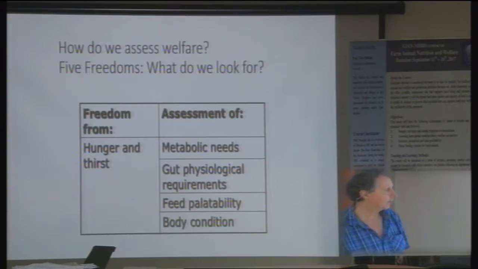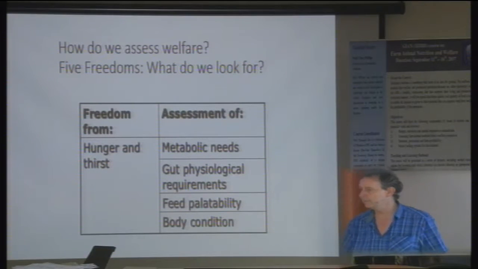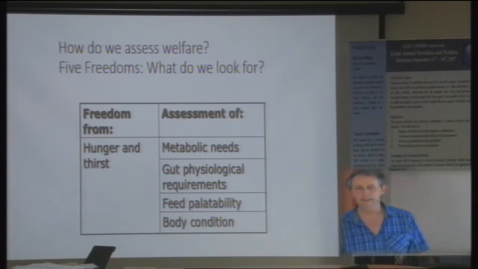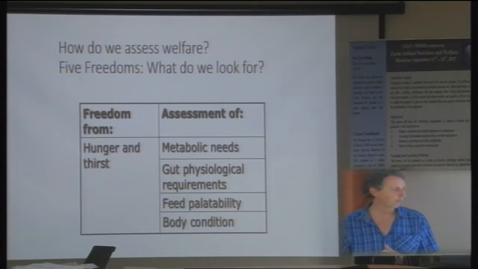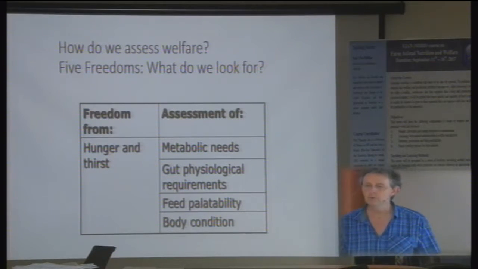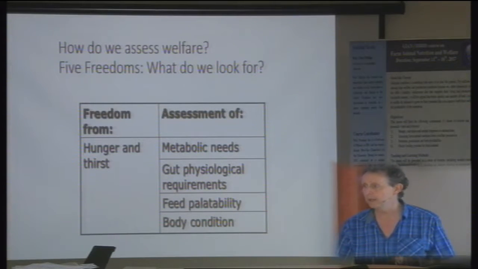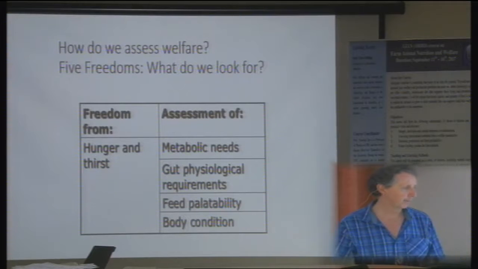Okay, so what are we looking for in relation to hunger and thirst? We're looking for the metabolic needs of the animal. We've talked quite a lot about metabolic needs today, the needs for milk production. We're looking at the gut's physiological requirements and whether the animal can eat what we intend it to eat. Has it got the appetite for a low-quality forage, for example?